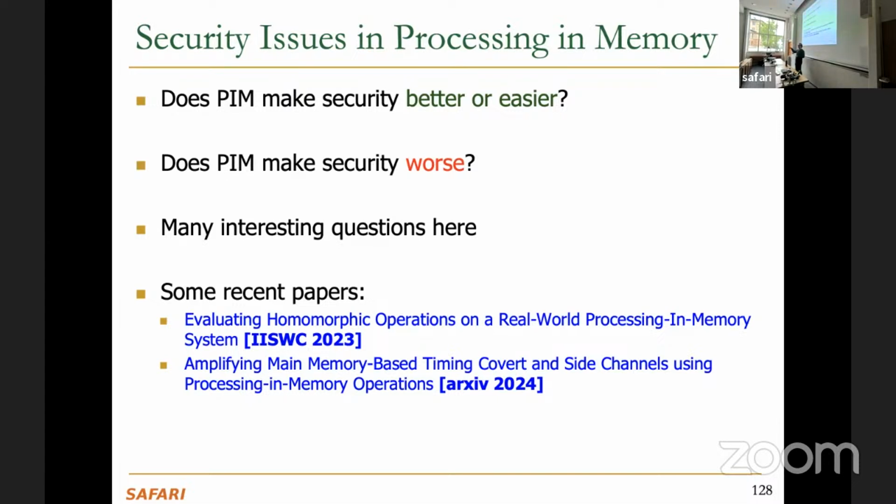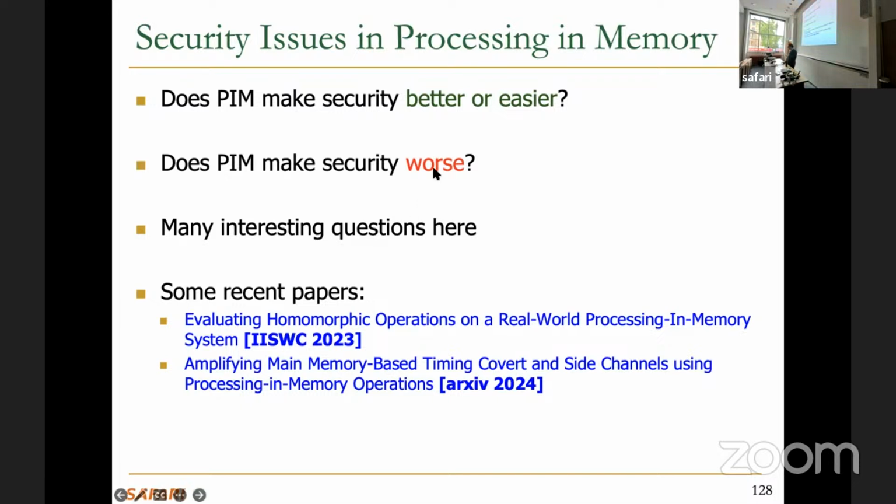If security critical functions execute on the processing in memory side, or memory side, or the storage side, that means that data moves less, which means that it's less vulnerable to inspection. I think in general, one of the problems with side channels and information leakage is that things move a lot, and they become vulnerable to inspection if they move a lot. So I think fundamentally moving data less can make security better. But of course, this requires building the security infrastructure in the places where that security critical data is processed.